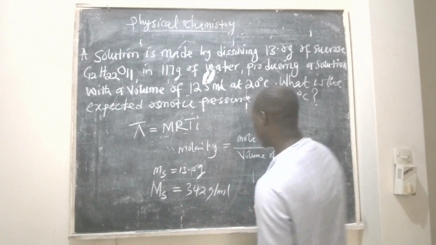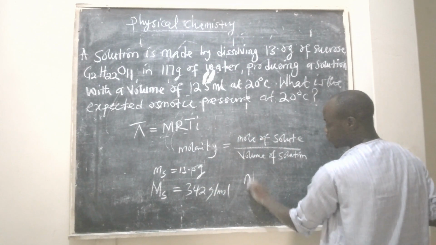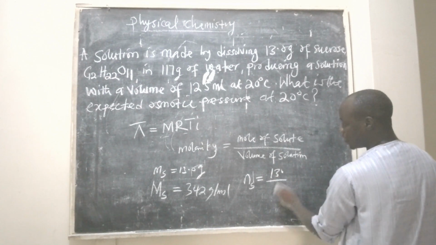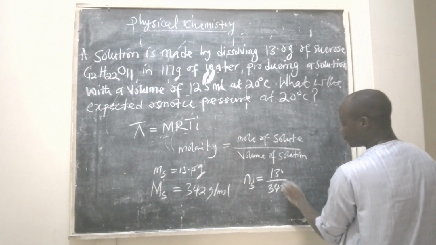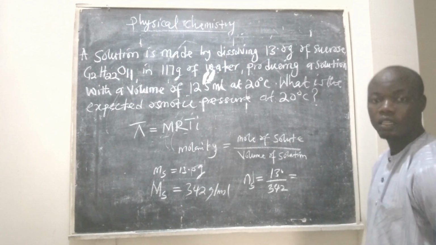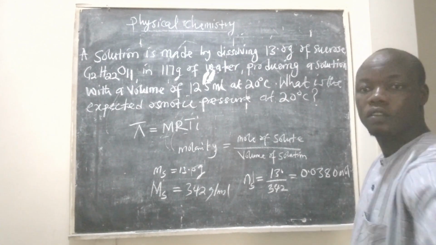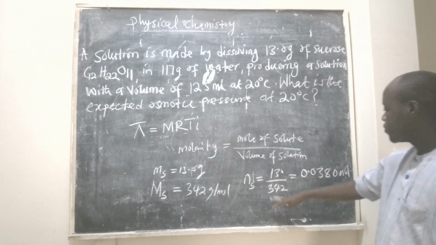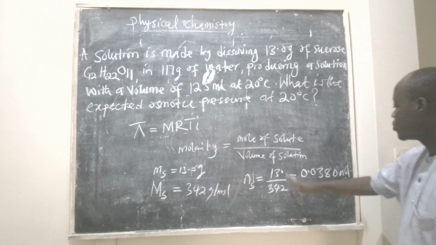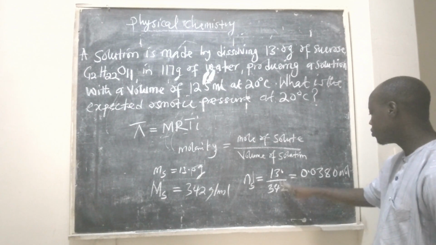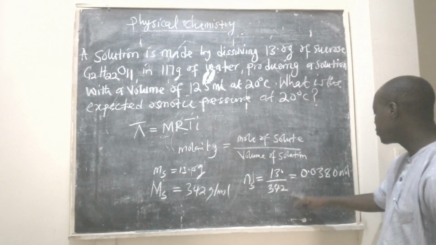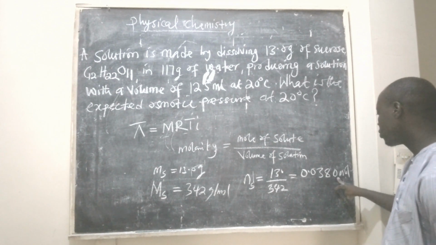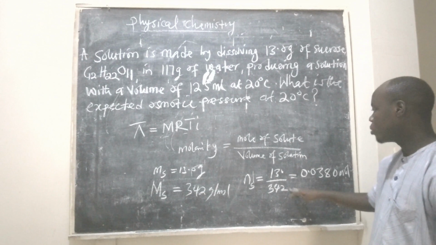So the number of moles of sucrose is equal to 13 divided by 342. So we now have 0.0380 mole for the number of moles of sucrose.